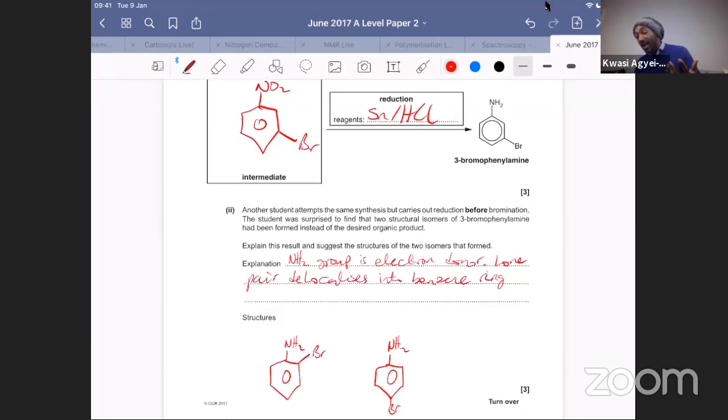The lone pair delocalizes into the benzene ring, making it have a higher electron density, and this directs to the 2 and 4 positions.